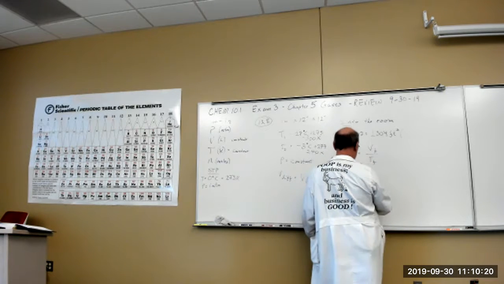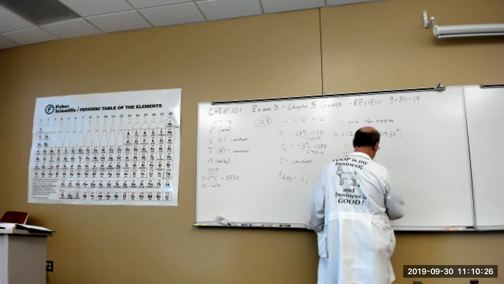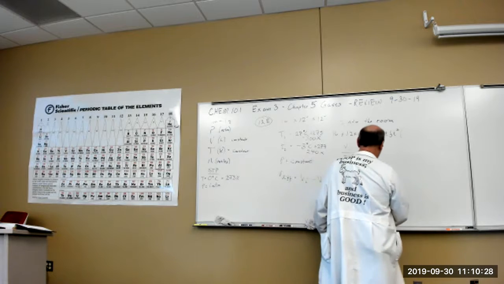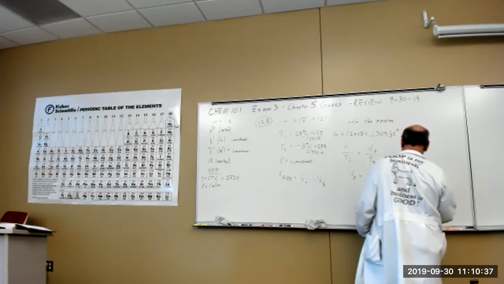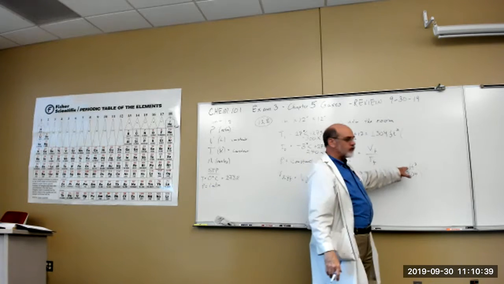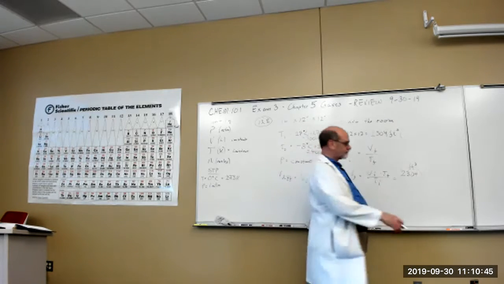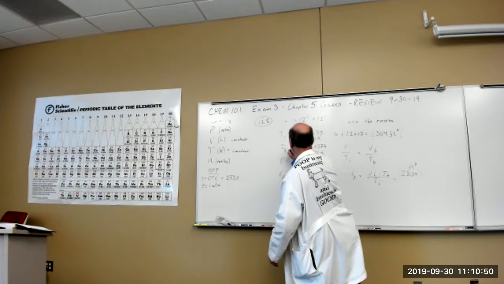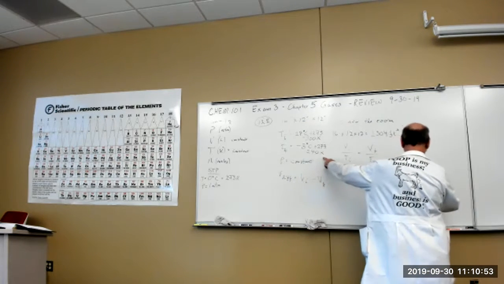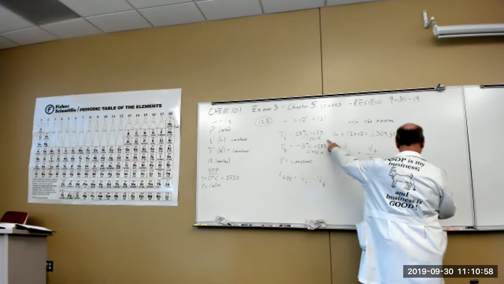It would be the initial volume times final temperature divided by initial temperature. So the initial volume is 2,304 cubic feet. This is one of those ratios where you can use cubic feet because both of these are cubic feet and they cancel. And then the final temperature is 270 divided by the initial temperature, which is 300.